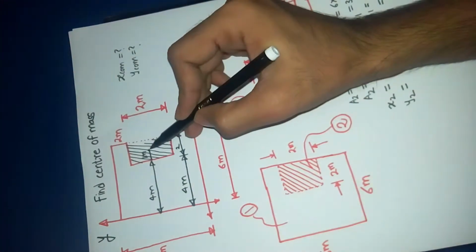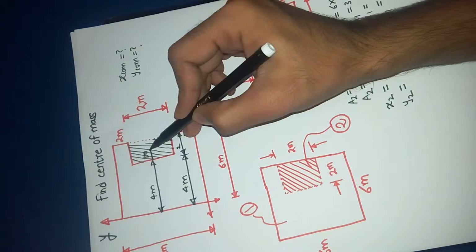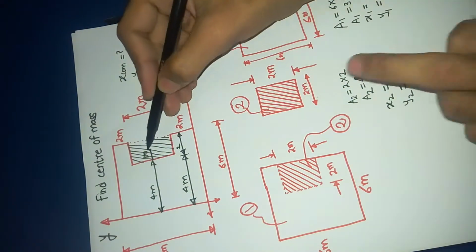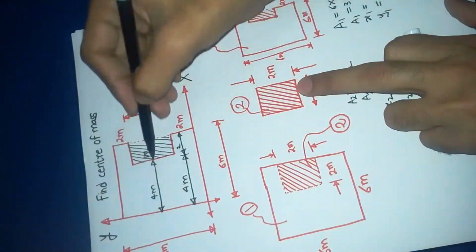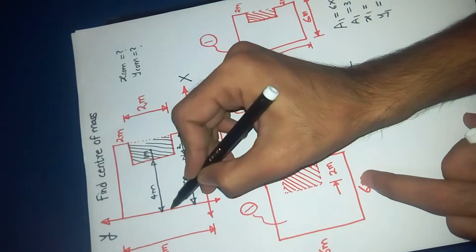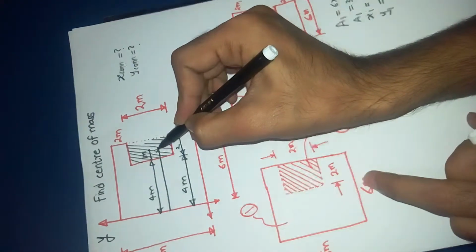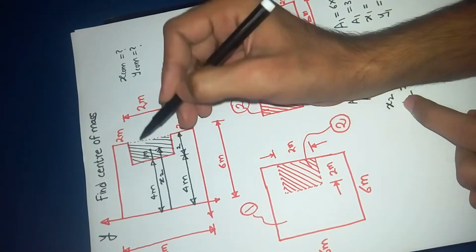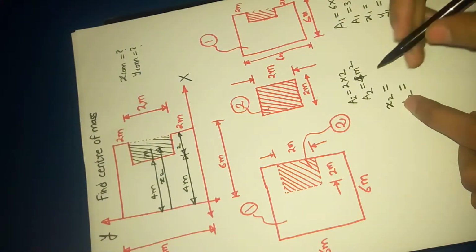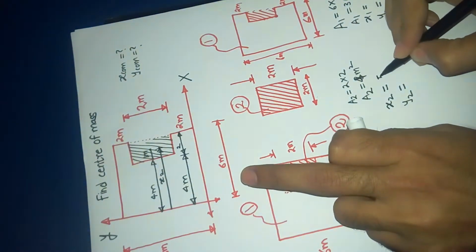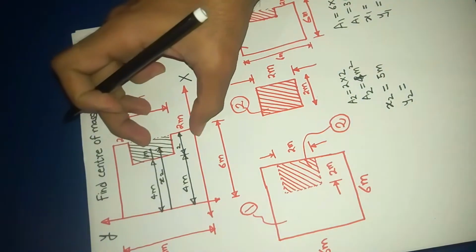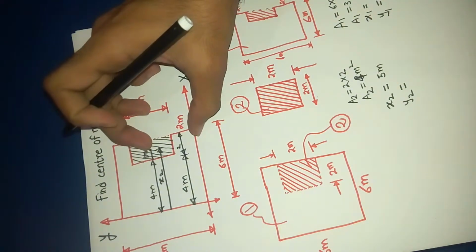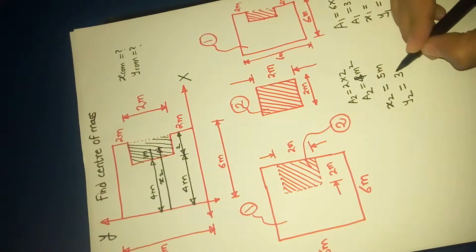So the total distance from the center of the second object to the y-axis becomes x2. X2 is 5 meter. What is y2? This is 3 meters.